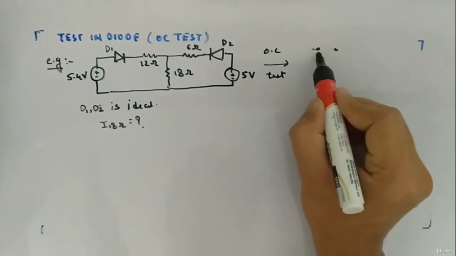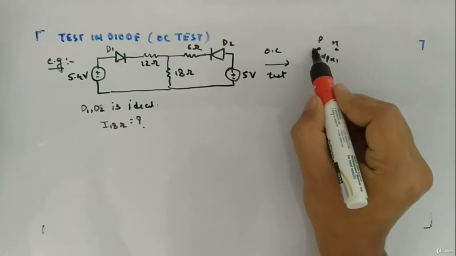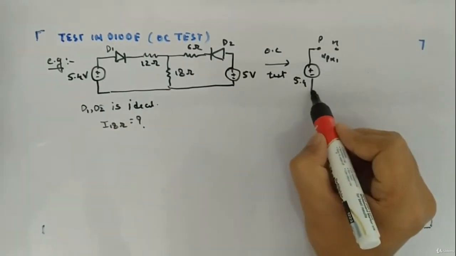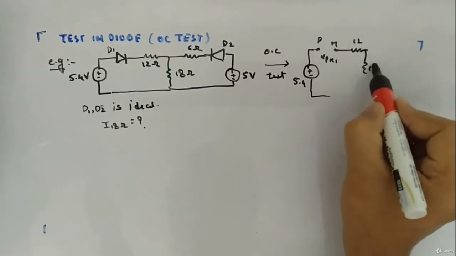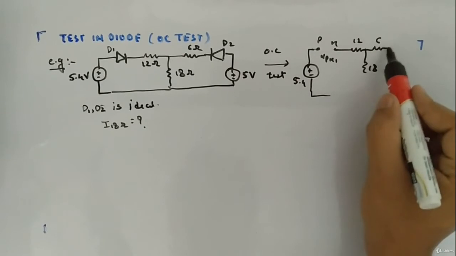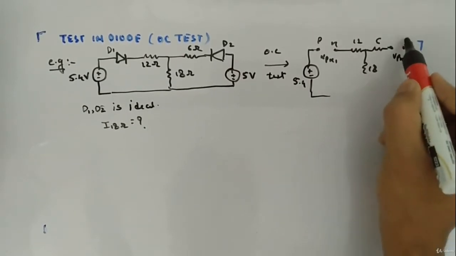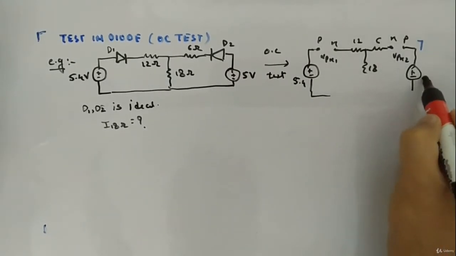So this is P, let's say VP1, I'll write P and N, positive negative, 5.4 volts. This is 12 ohm, this is 18, this is 6, then this is VP2, this is P and N, then there is a 5 volt source.